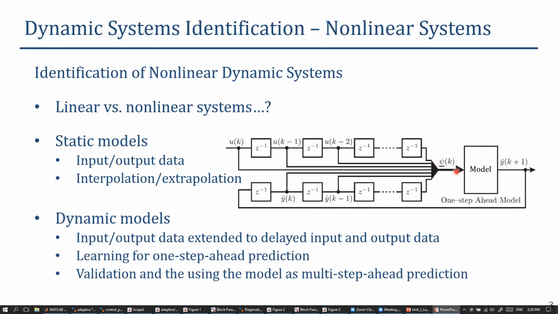Nonlinear one step ahead predictor, and then a number of inputs and outputs fed back to provide the regressor vector, right? Now, the question is, how many inputs, how many delays do we need to select? So one of the important questions here is selection of the order for the nonlinear system.